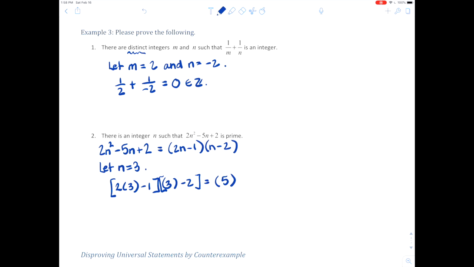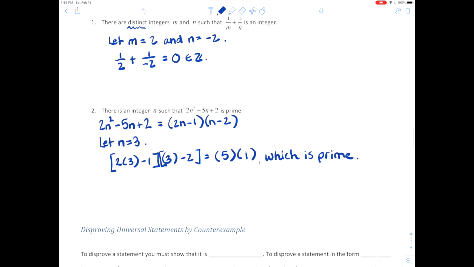And I'm talking about within the integers greater than 1. So the other factor is 1. And so by definition, this is prime. So we have found the existence of an integer that makes this true. Okay?